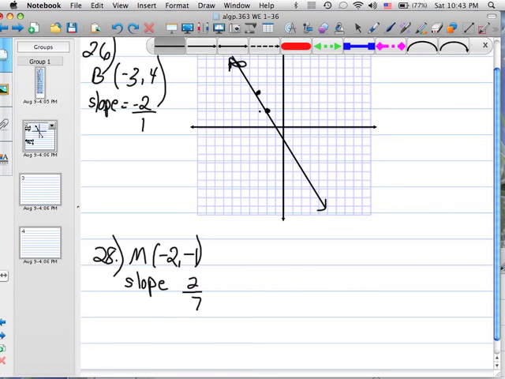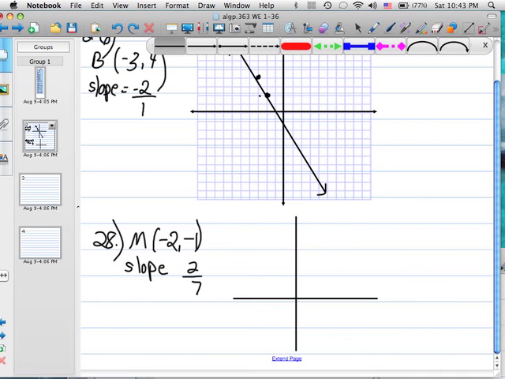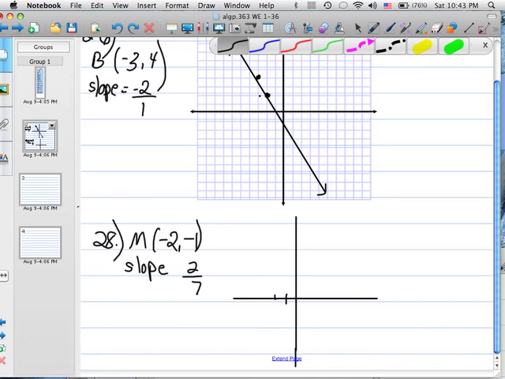So if we draw a coordinate plane and find that point, x is negative 2, y is negative 1. Your slope is 2 sevenths, which means you go up 2 and right 7.